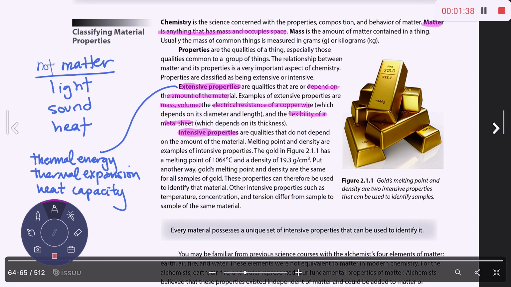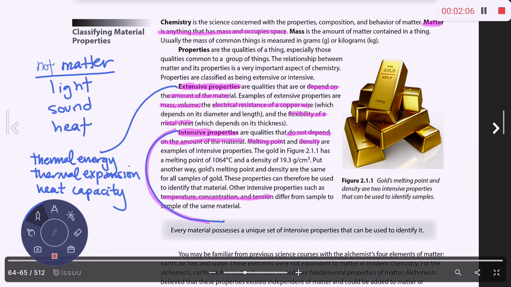Intensive properties don't depend upon how much I have. So if I have a pure substance, its melting point and boiling point would be the same, as would its density. So here we've got melting point and density. Other intensive properties would be temperature, concentration, and tension. I'm going to list some other intensive properties down here.